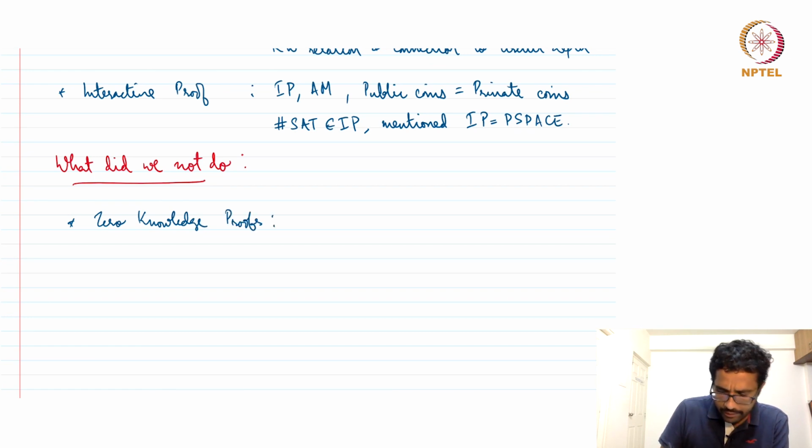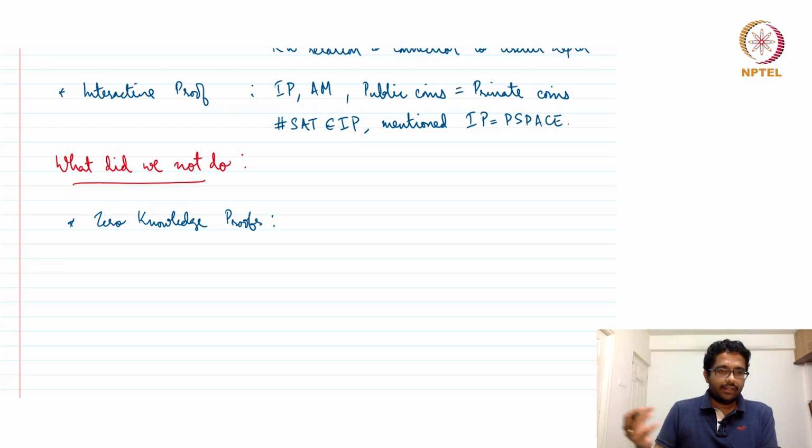This is also a kind of interactive proof system where there is a prover, verifier, etc. But there the prover's goal is to convey to the verifier that something is in the language, without having the verifier learn anything else about it, right. So the prover convinces the verifier, but does not give any other information except that the statement is true.